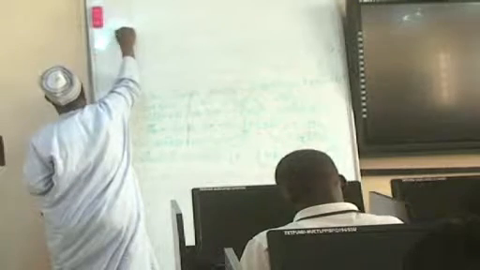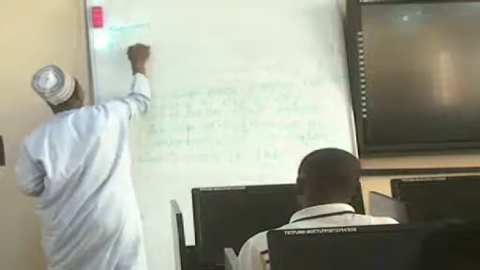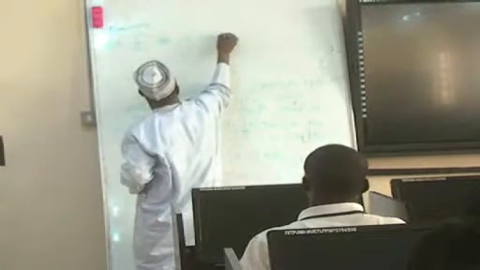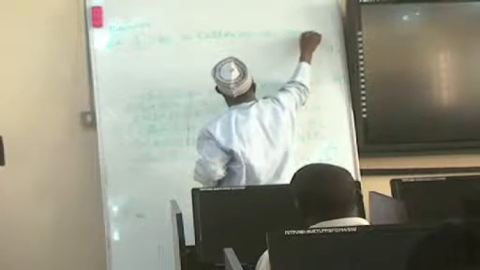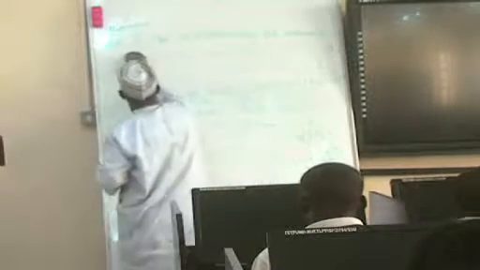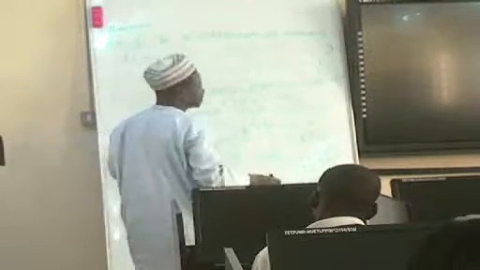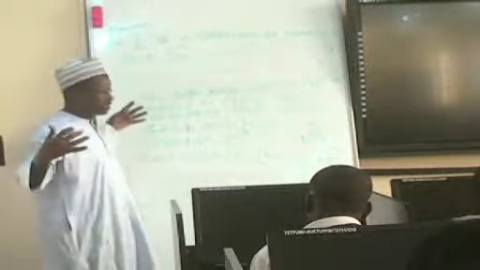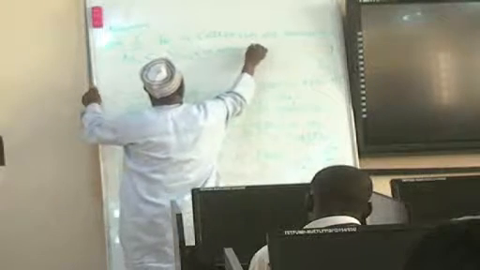Theorem: let F be a collection of subsets, let's call them A_i, of S. S or X, I will use them interchangeably. They mean the same, a set. You take a non-empty set.